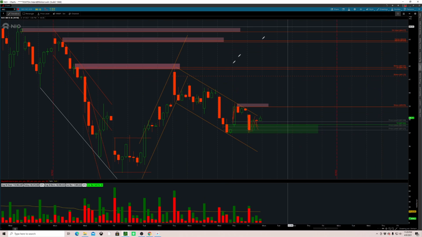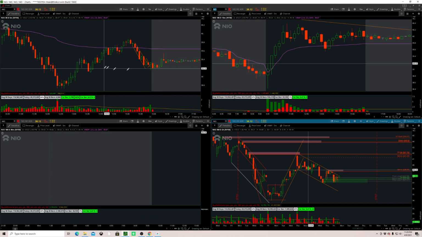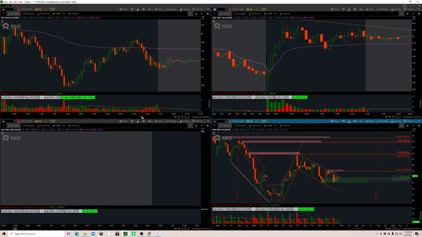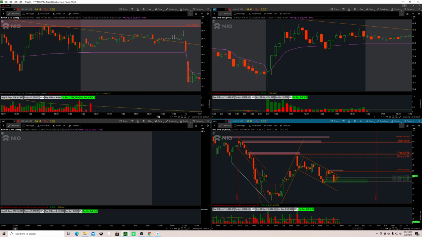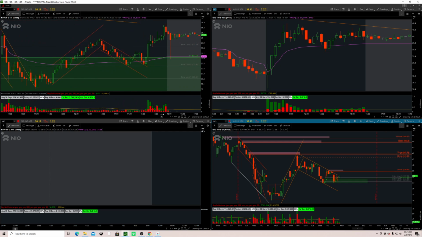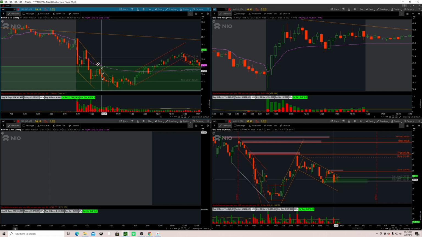But anyway, that was the plan. We didn't mark any regions apart from these zones. And what's even interesting is Neo tested the bottom of that zone. So this demand area that we created was tested all the way to the bottom.